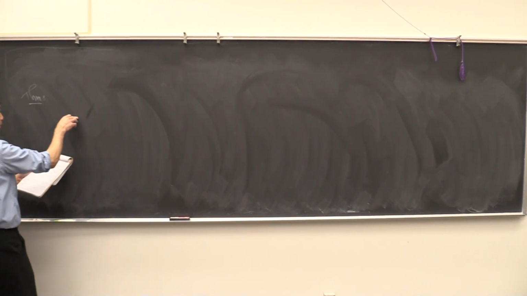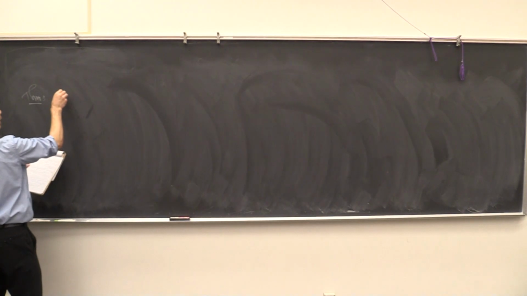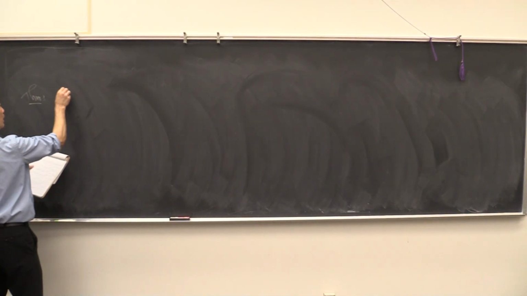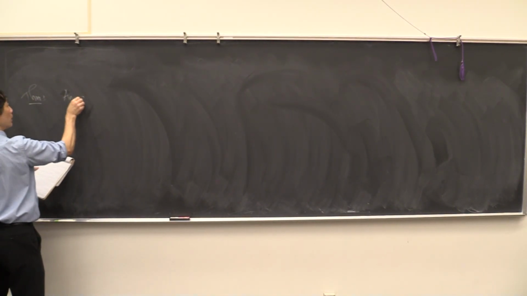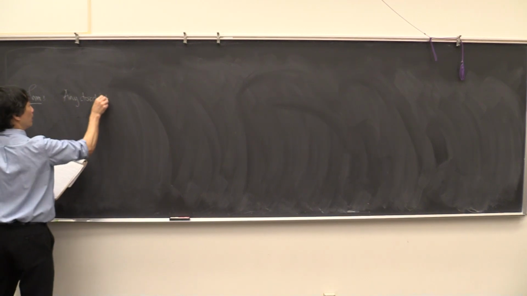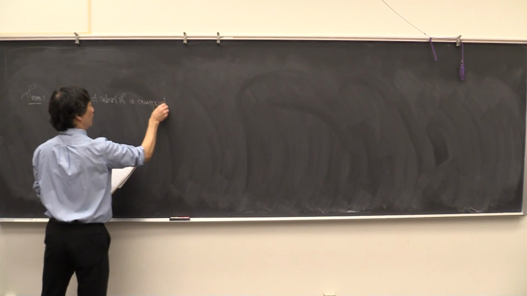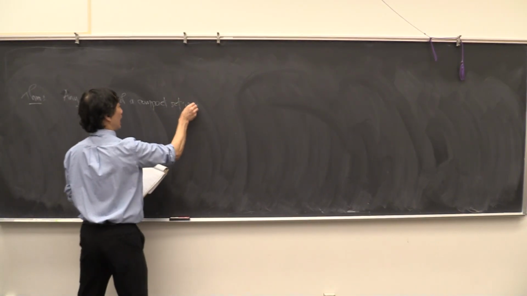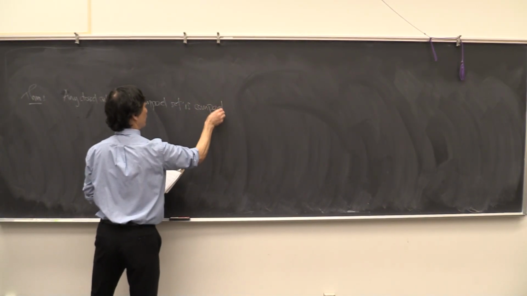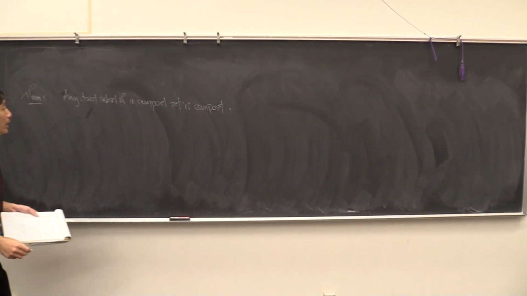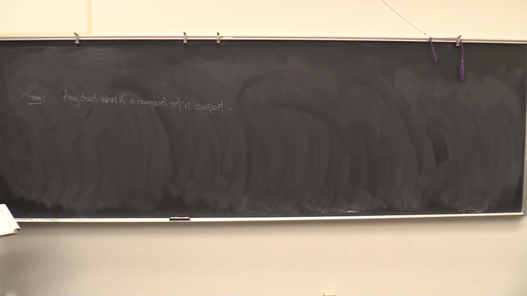So what we're going to show now is that any closed subset of a compact set is compact. So any closed subset of a compact set is still compact. Okay.